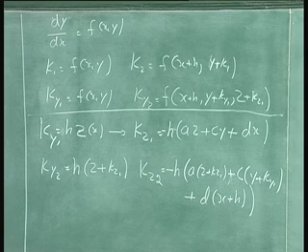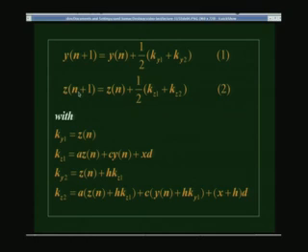Okay. So let me repeat this here. You had to solve these equations, that is, y(n+1) is yn plus ky1 by 2 plus ky2 second order, and similarly for z. When you compute, as you can see, first you compute ky1 and kz1, and then you compute ky2 and kz2, and then we'll proceed in this fashion.